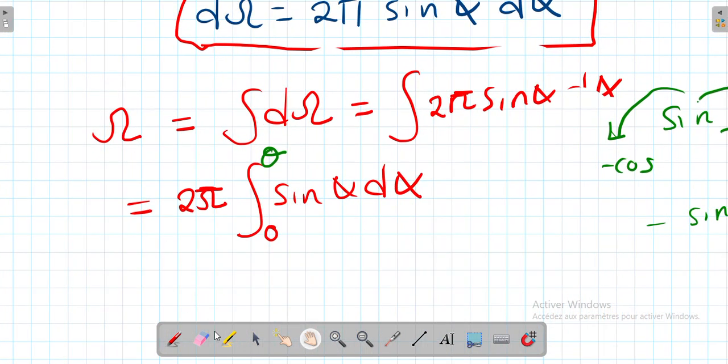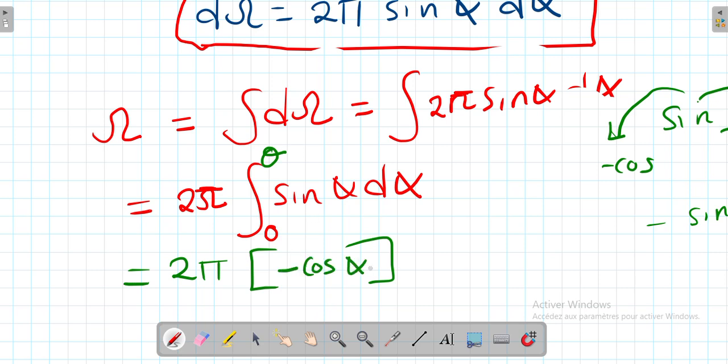So the integration of sine alpha is negative cos alpha, where alpha changes from 0 to theta because you don't know.